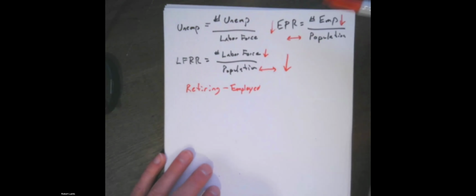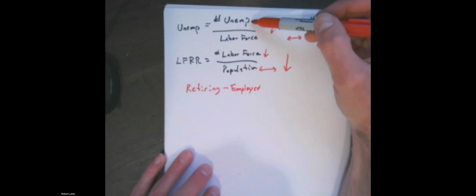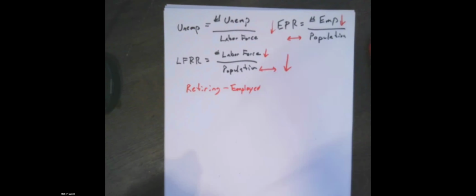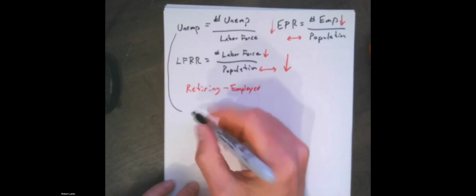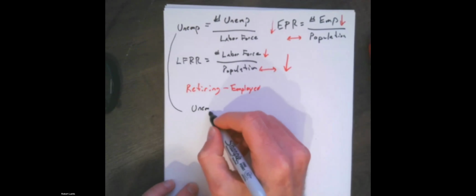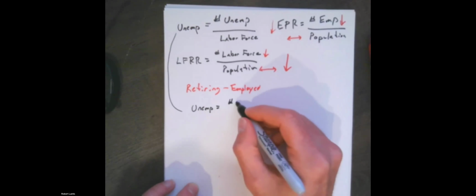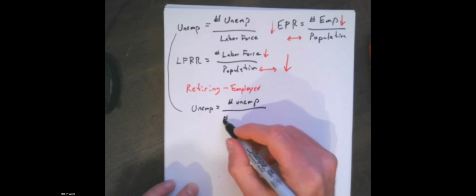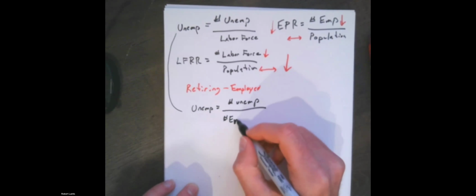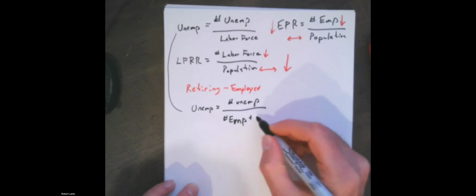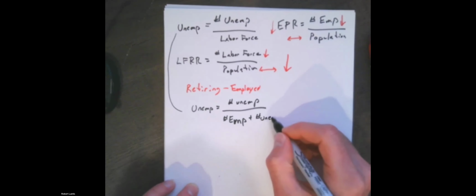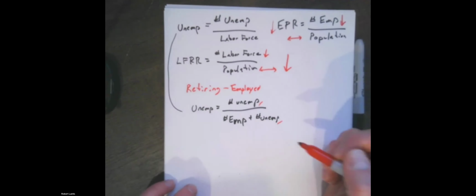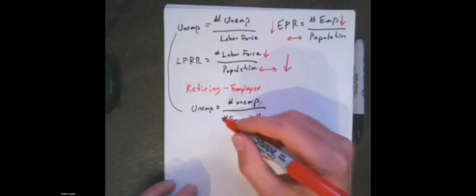However, if they were all employed, I could rewrite this. This might help to see. So we said the unemployment rate is the number of unemployed divided by the number of employed plus the number of unemployed. Well, these people retiring doesn't change the number of unemployed. What did it change?